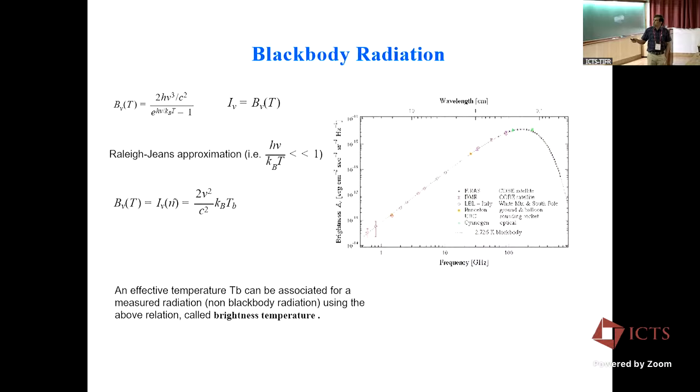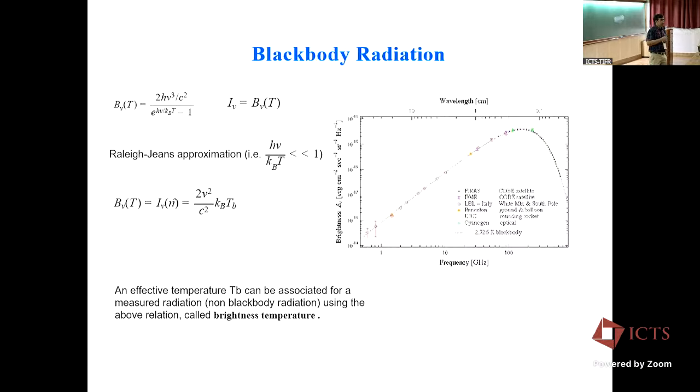So this expression simplifies to B_nu(T) = 2 nu squared by c squared times k_B T. This is a very simple relation, and this brightness is essentially the same as specific intensity. So if I measure the specific intensity of a particular source, I can immediately calculate a temperature, T_B, using this relation, and that is called the brightness temperature.